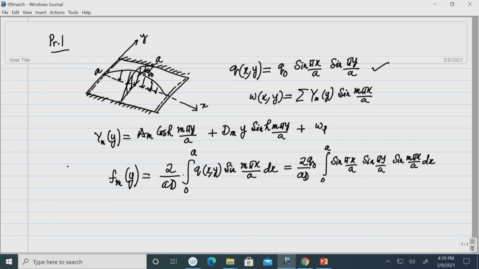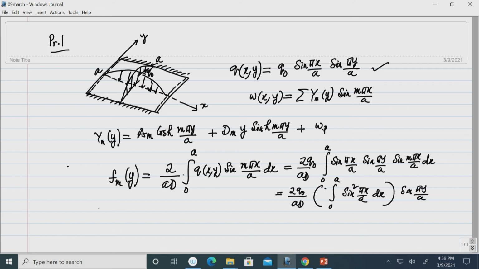So, taking m is equal to 1, that integration can be carried out, twice a D, and you will get this integration as 0 to a sin square pi x by a dx, and then sin pi y by a will appear as it is, as a function.